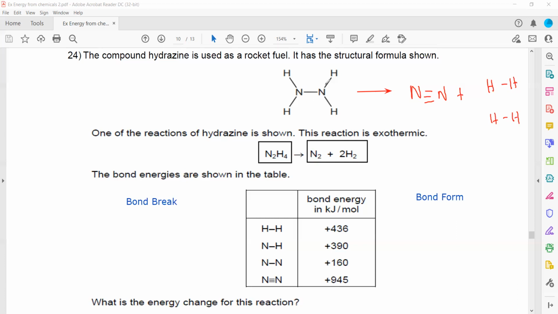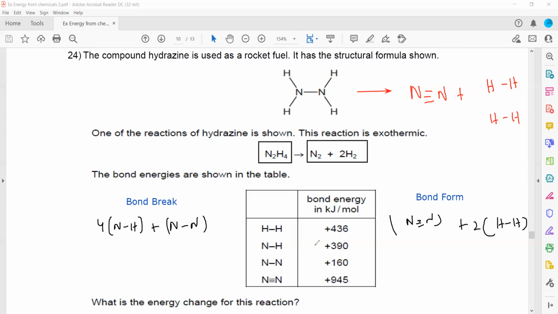There are 1, 2, 3 and 4 NH bonds, plus a nitrogen-nitrogen single bond. N triple bonded with N, that's bond forming, plus hydrogen single bonds, and how many of them? 1 and 2. So this will be 2.